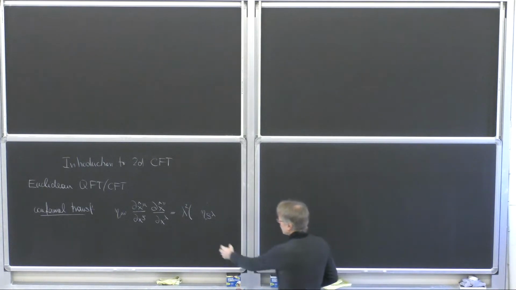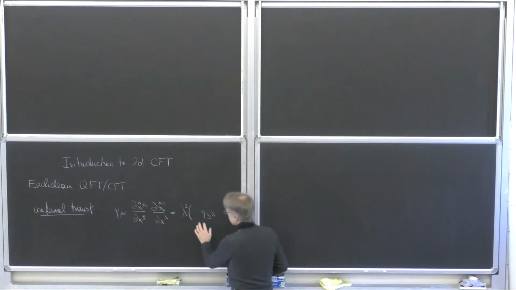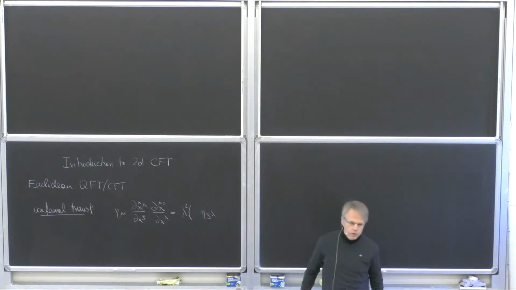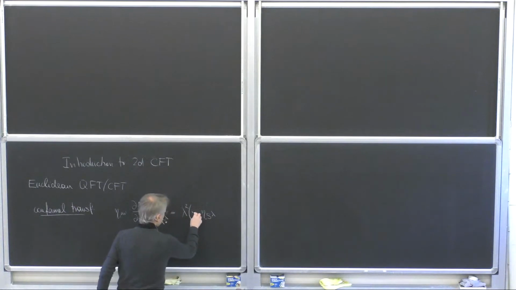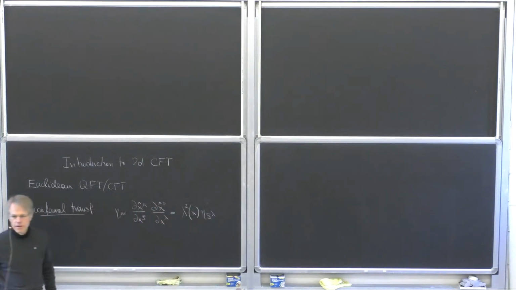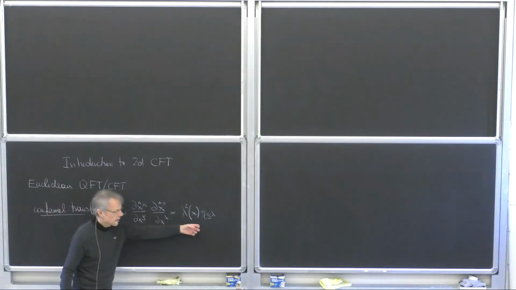So I'm allowing for the metric to be rescaled, and if I'm interested in conformal transformations, I'm allowing this in an x-dependent manner. So this prefactor that rescales the metric may not be the same all over my space-time. It may be different at different points in the space-time. So the conformal transformations are all the transformations that have this property.